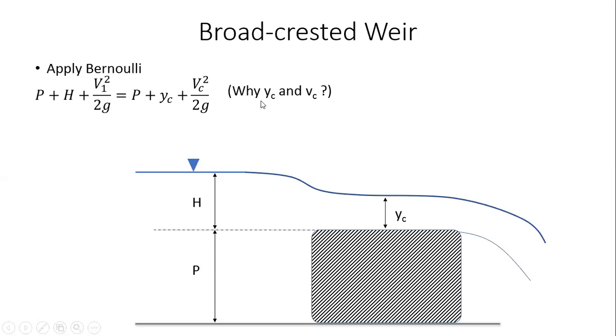Now, why are we so confident in saying that the depth here will be YC, and correspondingly why this will be VC? Why is the depth here YC? I want you to think about this. I'll give you a few seconds and then I'll reveal the answer. Just think about this.